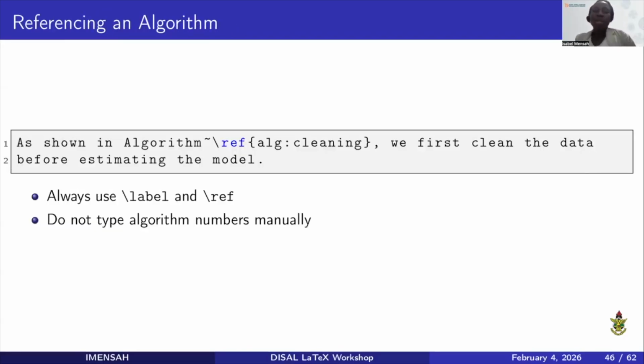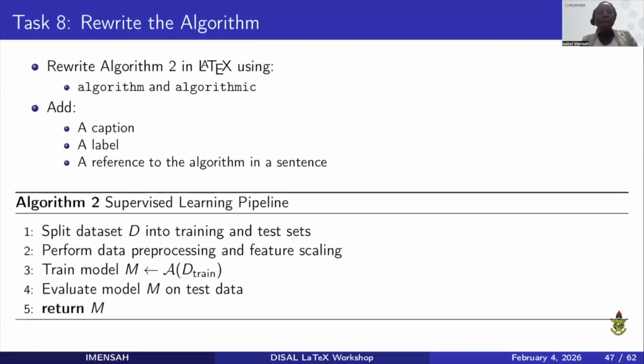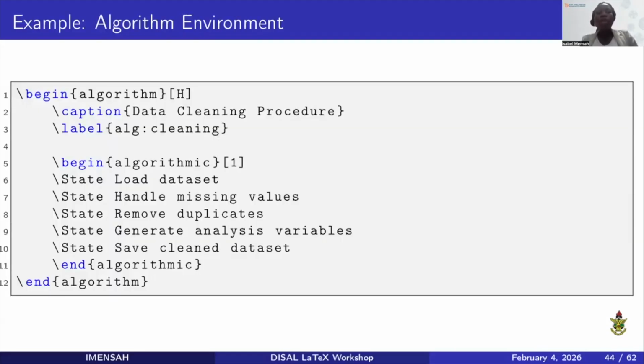All right. If you want to reference the algorithm, just like the way we reference tables, figures, etc., we can reference it the same way, because over here we were able to give it a label. And we are able to give it a label because the algorithm environment allows us to.